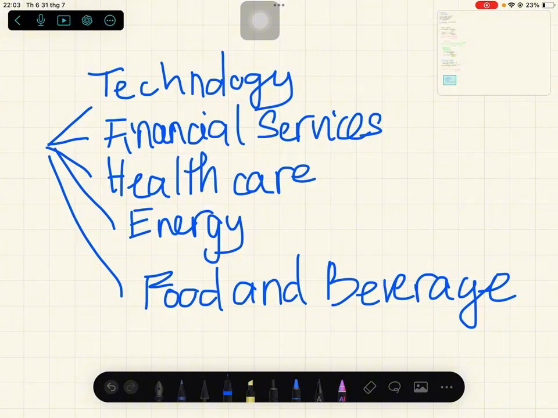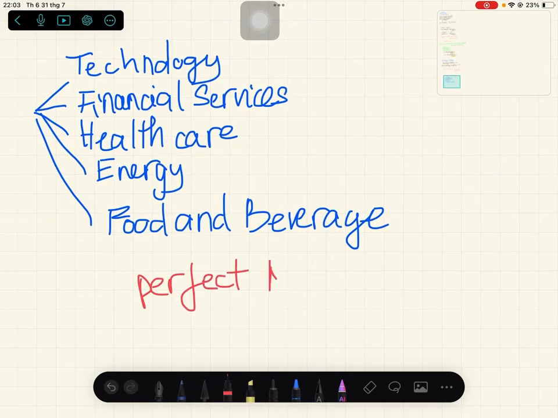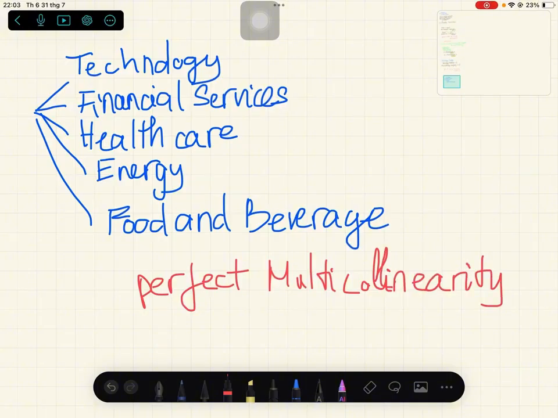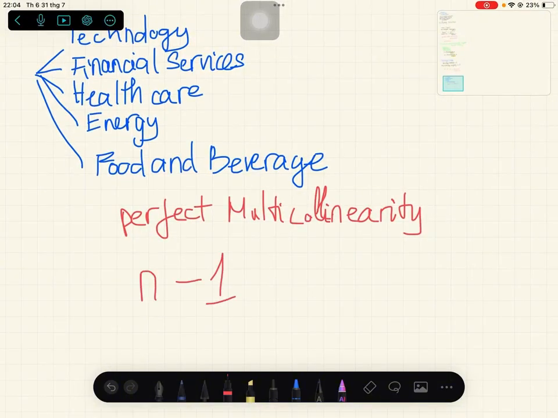The answer is because it creates a problem called perfect multicollinearity. The regression model does not need all categories. It only needs enough information to compare groups. So for 5 categories, we use n minus 1. 5 minus 1 equals 4 dummy variables.